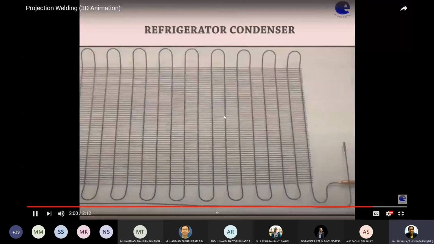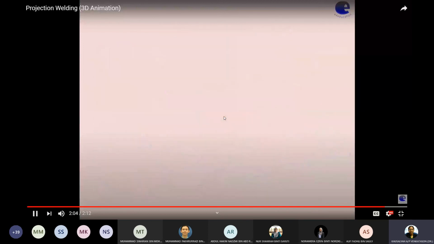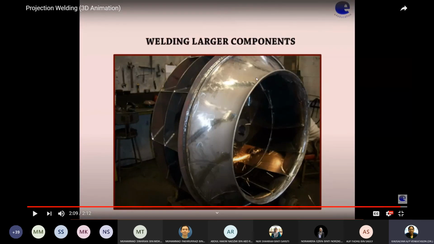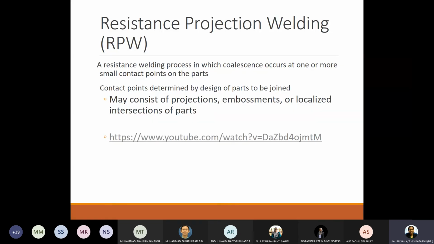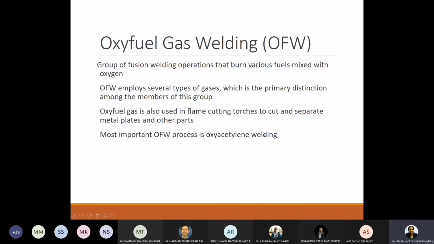So all the cross wiring uses projection welding. You can also use part components. And then we have other resistance projection welding operations like we saw earlier on, on fasteners, cross wires.